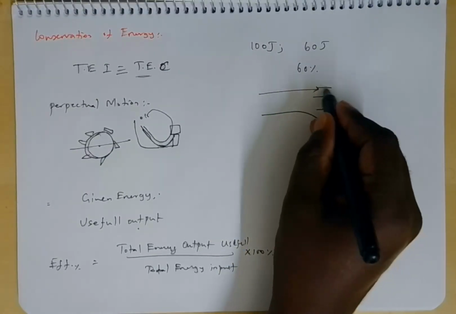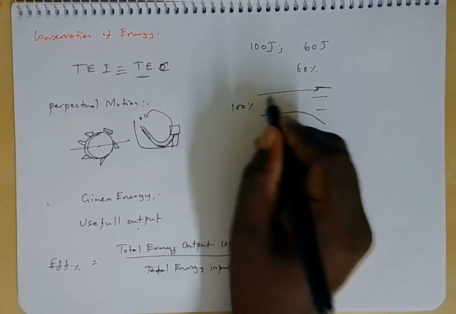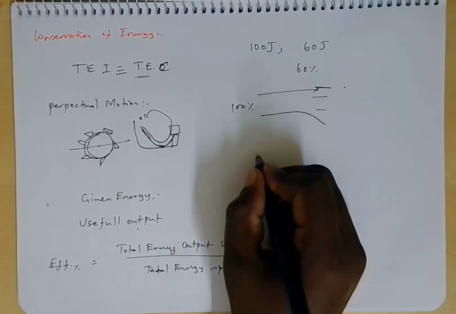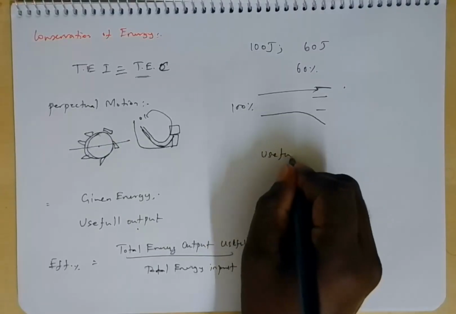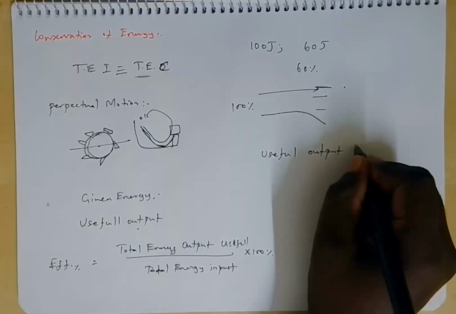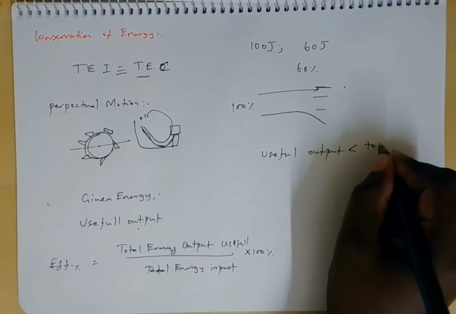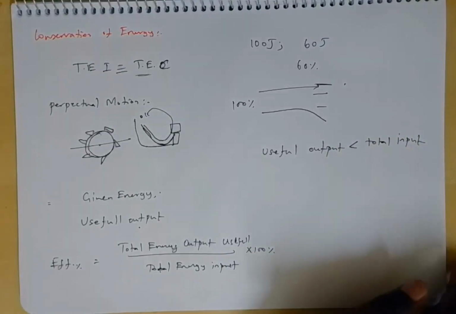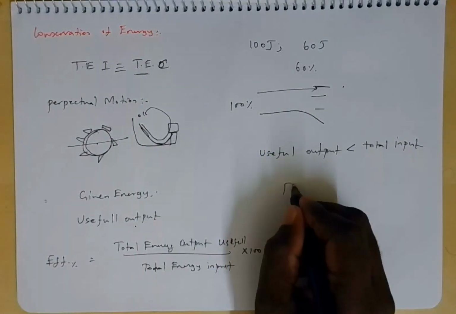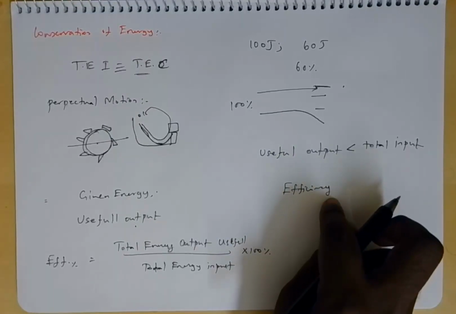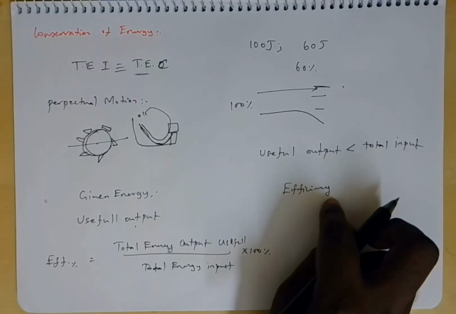Yeah, efficiency diagram. So if we give 100%, remember, the useful output is always less than the total input. So the efficiency is never equal to 100%.